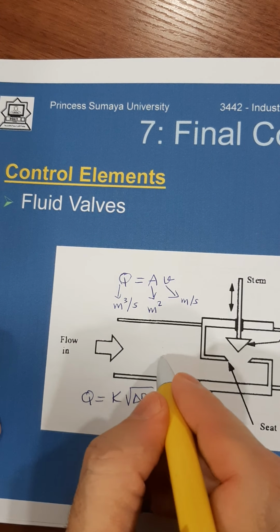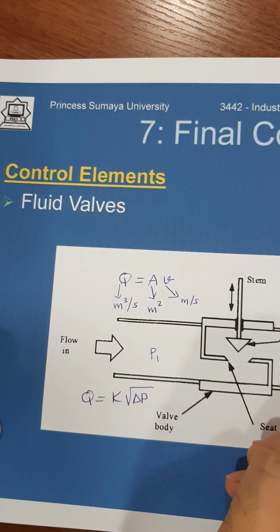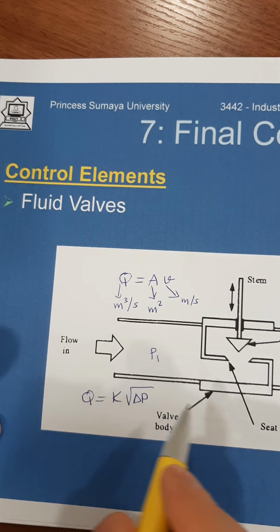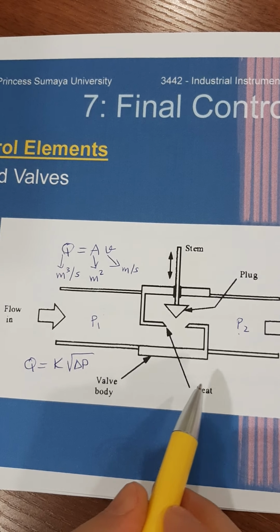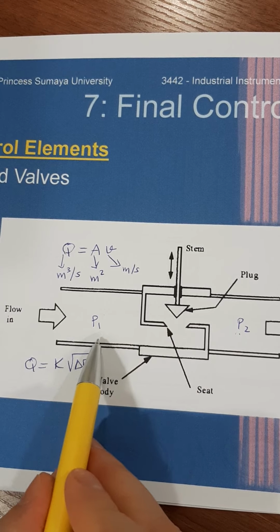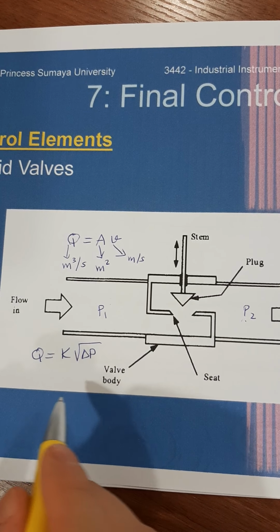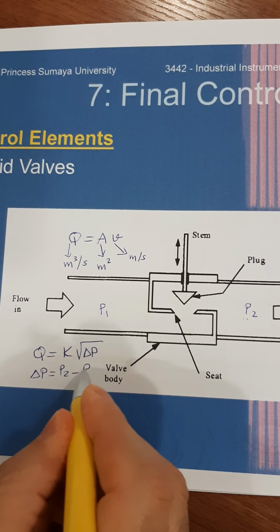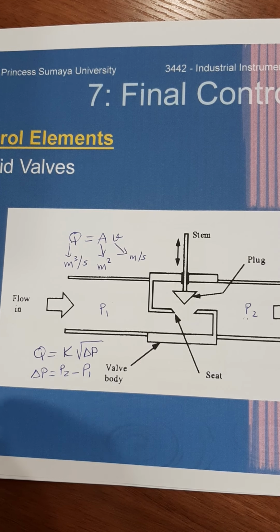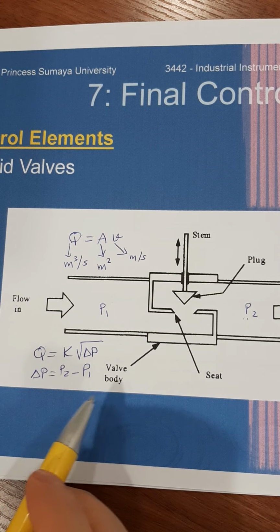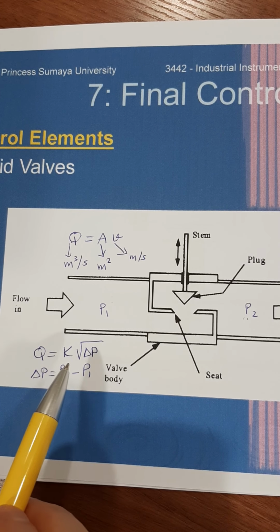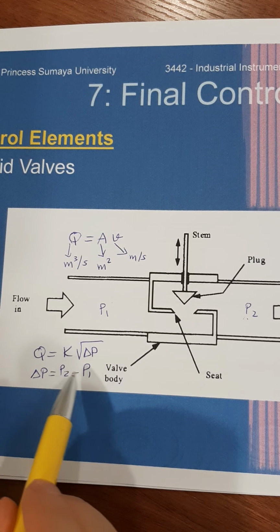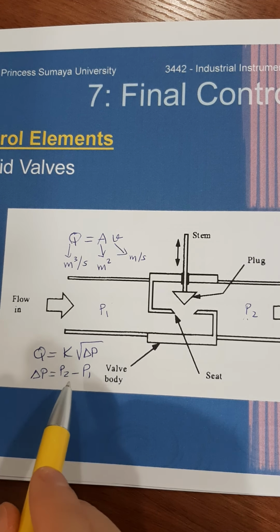So here the pressure is P1 and here the pressure is P2. So delta P in this case is equal to P2 minus P1. Usually in this equation we use the SI system of units.